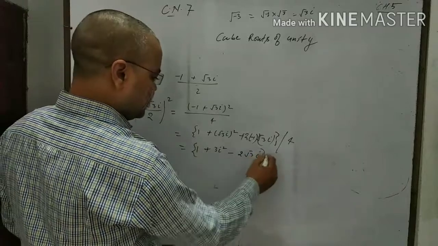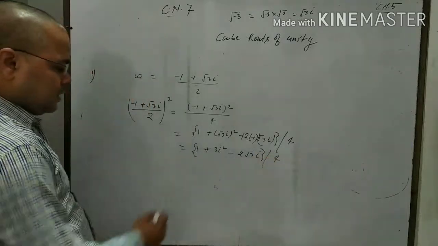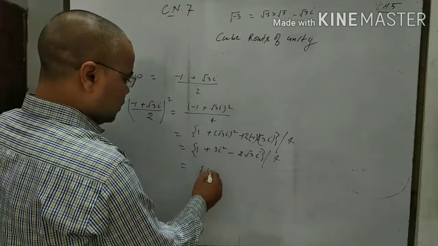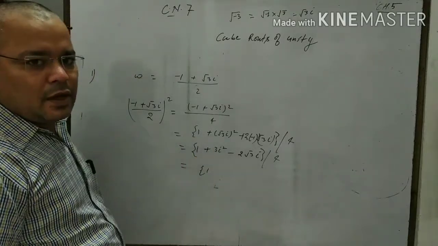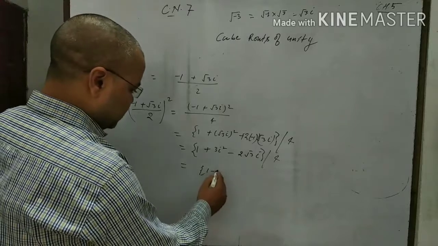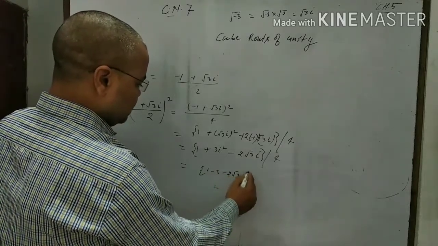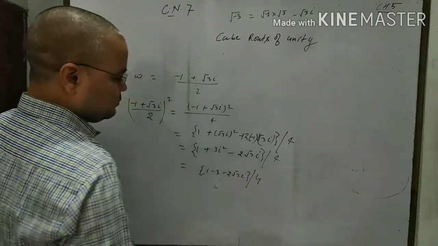We can write 1 plus, square of iota is -1, it will be -3, and minus 2 root 3i whole upon 4.